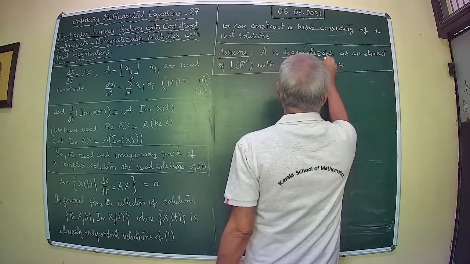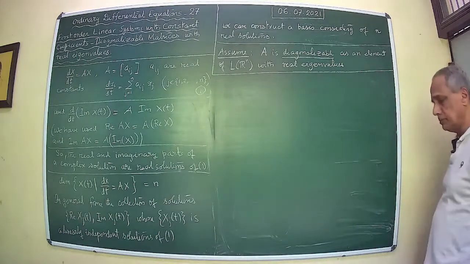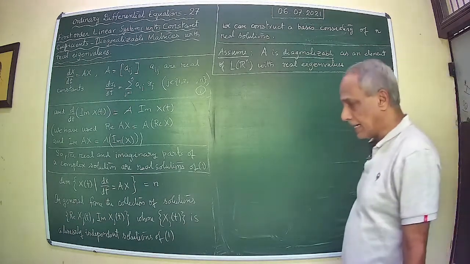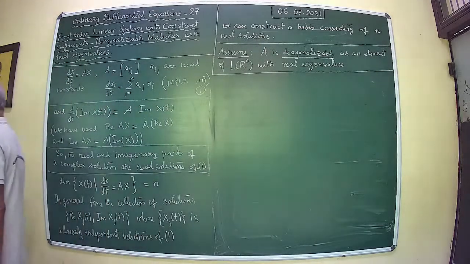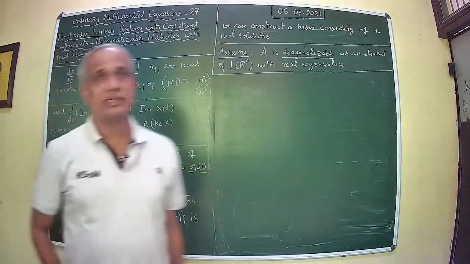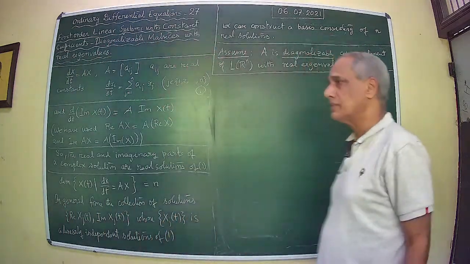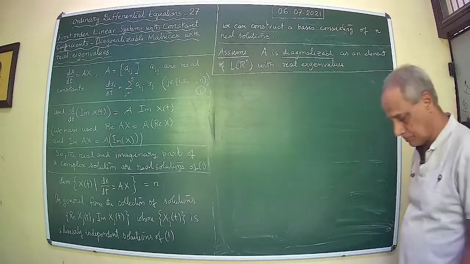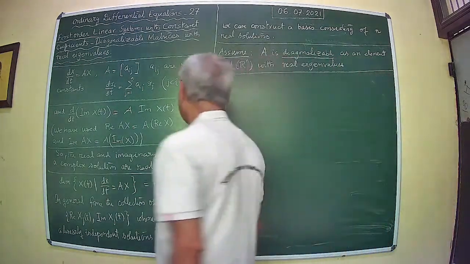So what are the assumptions that we make? One, A is diagonalizable. And from linear algebra, we know we find the eigenvalues and eigenvectors and use that to diagonalize the operator, with the diagonal elements given by the eigenvalues.